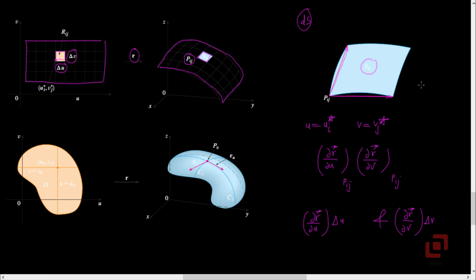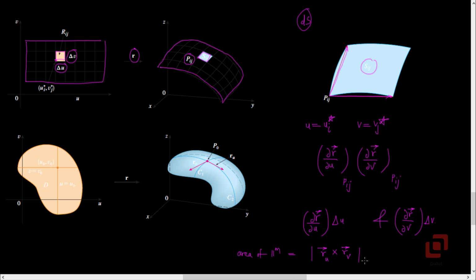Having approximated the shaded blue area using a parallelogram, we can now use the fact that the area of a parallelogram is the magnitude of the cross product of the vectors which denote its adjacent sides. So we can now say that the area of the parallelogram is equal to the partial derivative of r bar with respect to u cross the partial derivative of r bar with respect to v.